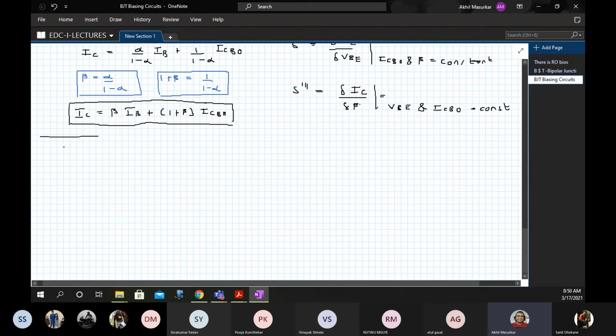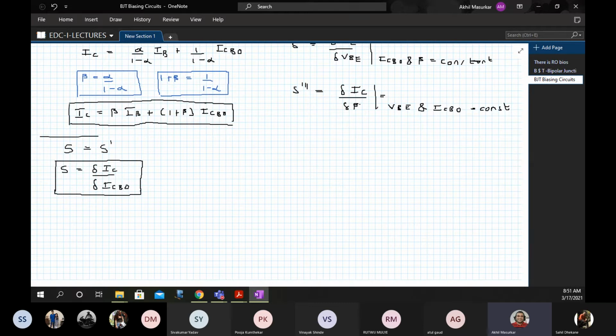So now we can say S is equal to S dash, and hence S is equal to delta IC upon delta ICBO. That's it. This is going to be my stability factor. Ideally, the stability factor must be 0.